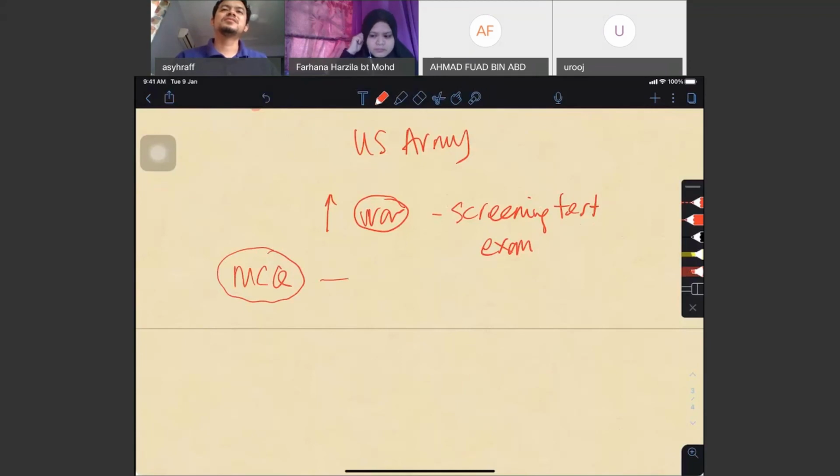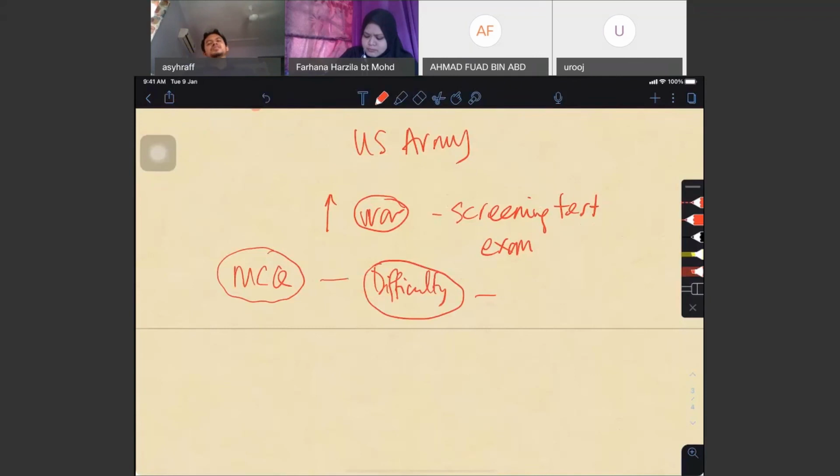At that time, for the difficulty index, they preferred a difficulty near 0.5. Why do you think so? They didn't want difficulty nearing one, or nearing zero.